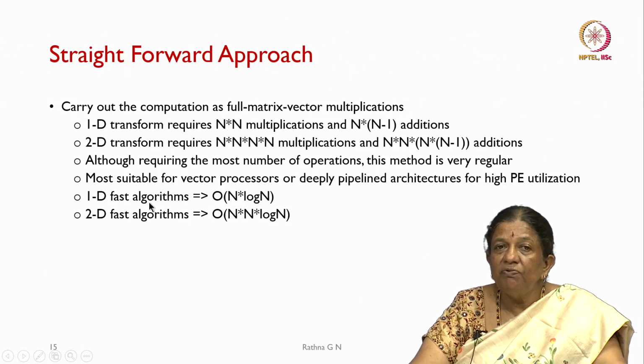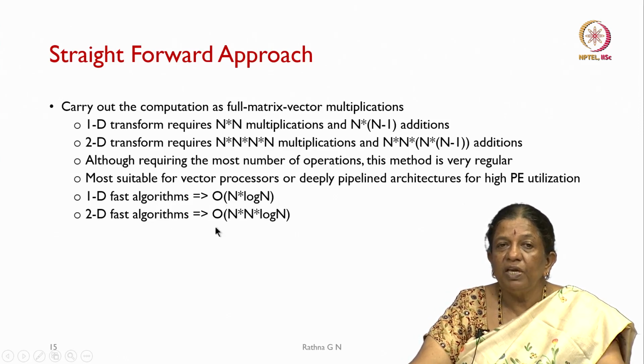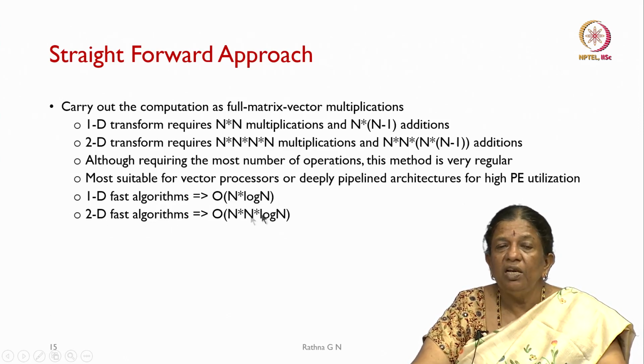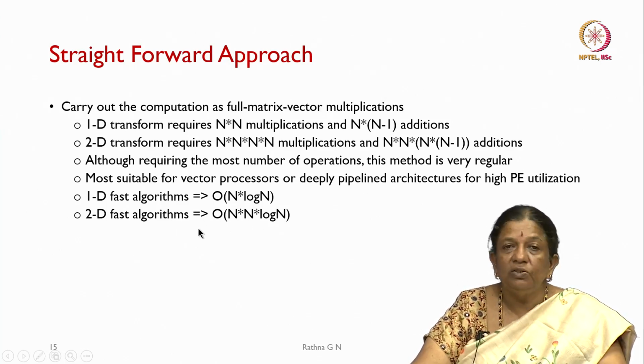We can also have 1D fast algorithms; just like the FFT, we can configure the DCT for a fast algorithm, which brings the computation down to order of n log n instead of order of n squared. A 2D fast algorithm can be done in order of n into n log n, that is order of n squared log n.